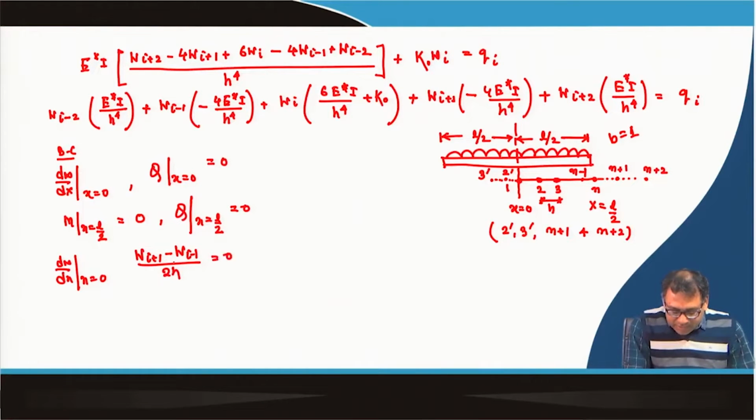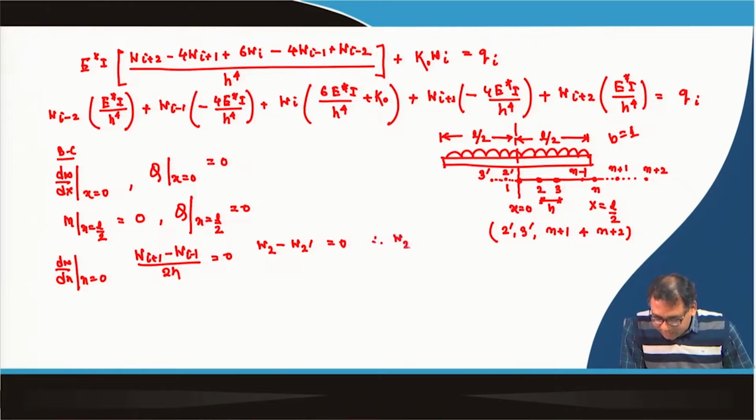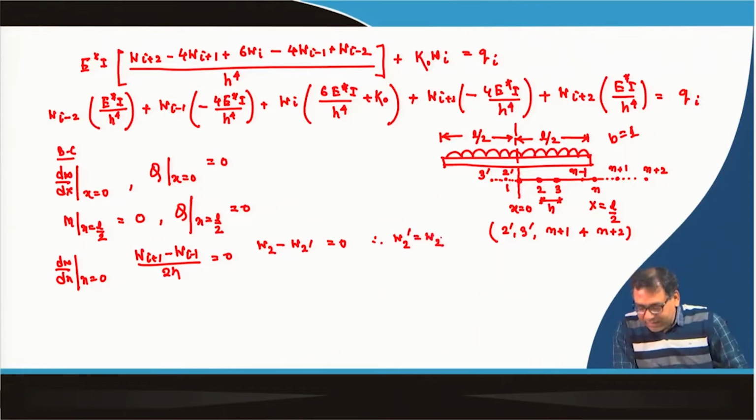So, w2 dash will be equal to w2. That means the settlement at node 2 will be equal to the settlement at imaginary node 2 dash. So, that problem is solved.